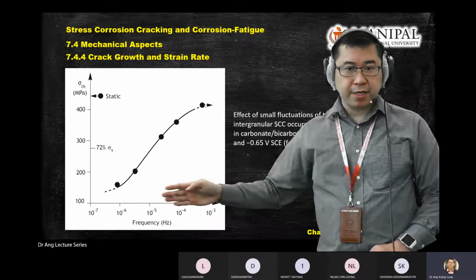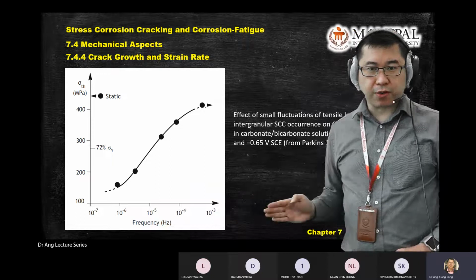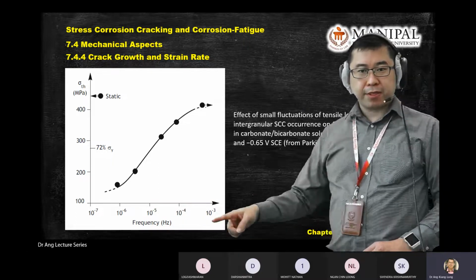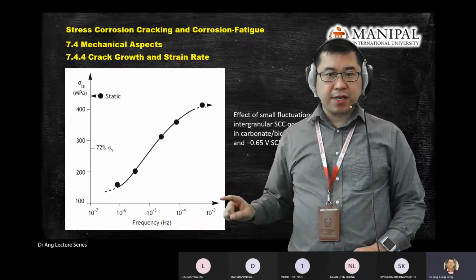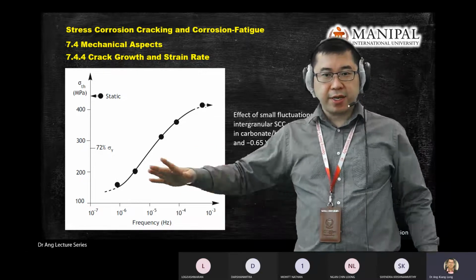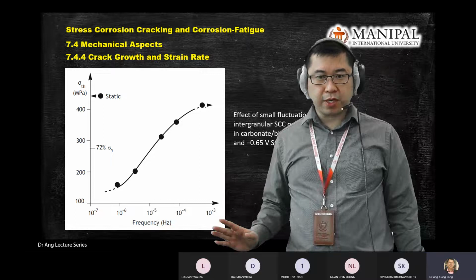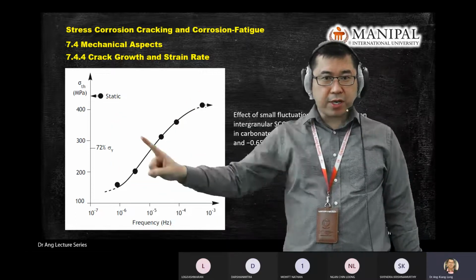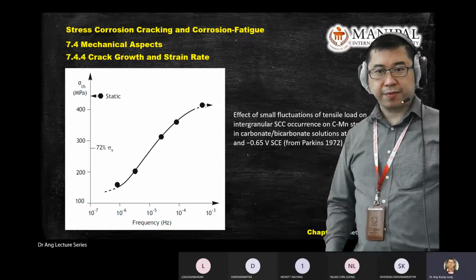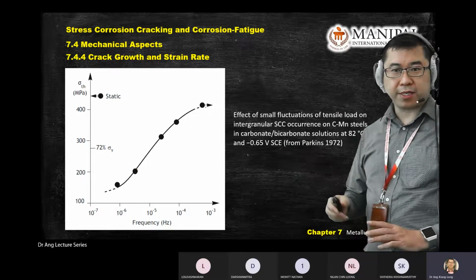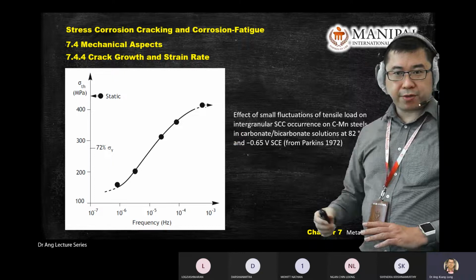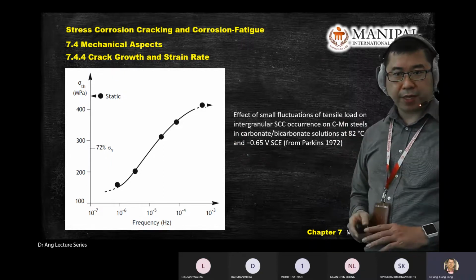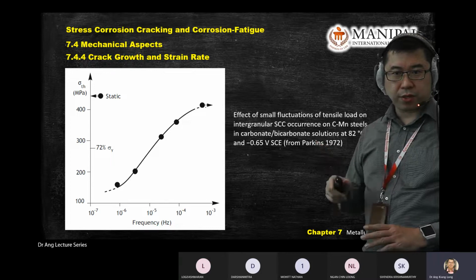This one is high frequency, low frequency. Okay, so high frequency, low frequency, all right. As you go into lower, slower frequency, the threshold actually increases. So it depends on the material. So this is just a sample of results on a CMn steel under a solution.